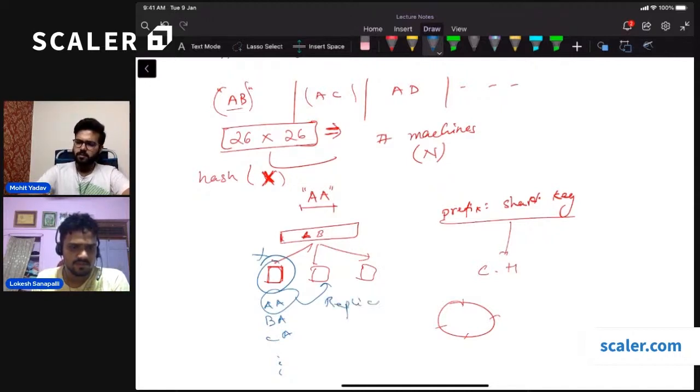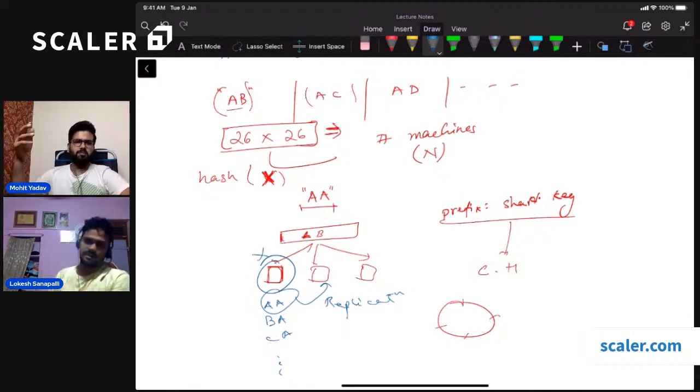So we'll keep the replicas in other machines also. Each of the prefixes can be replicated to multiple servers as well, and that is how we define how we are replicating.